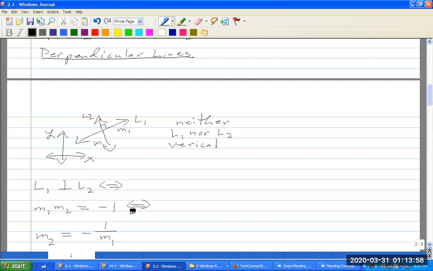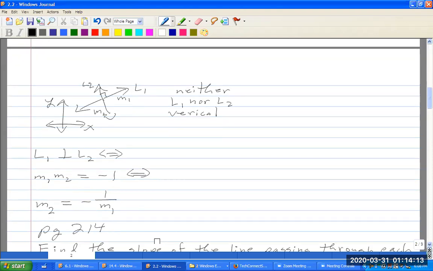In this case, if one of the slopes is undefined, then I'll have to have that the other slope is 0. If and only if, and this is an easier way to state that, m2, the slope of one line, is equal to the negative reciprocal of the slope of the other line.